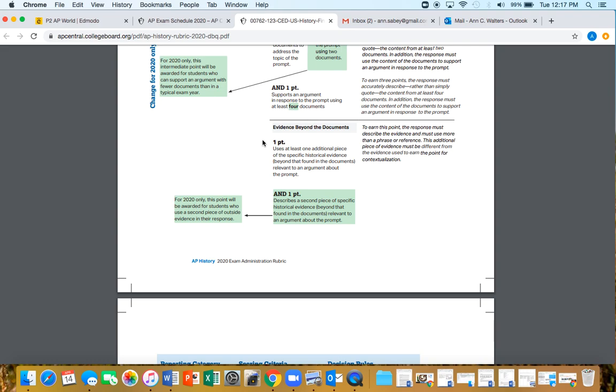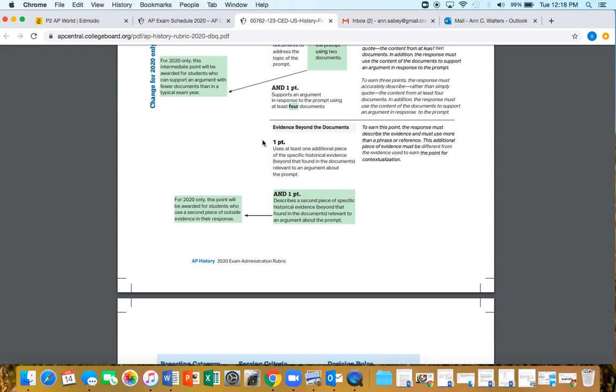What I'm going to suggest you do is pick outside evidence that ties directly to 1 or 2 of the documents and put it in that paragraph. So I want you to potentially have 2 body paragraphs, and in each body paragraph maybe you could have two documents that you use for evidence and then one additional piece of outside information that could work with the information from those documents to make a strong argument.